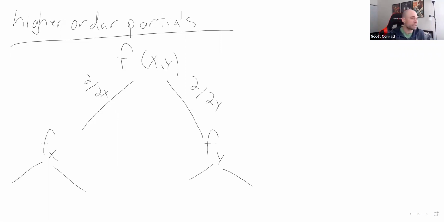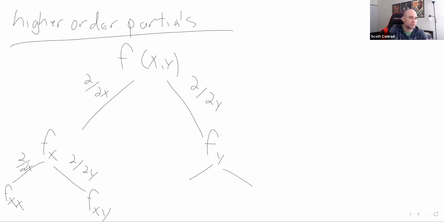So now if we take the partial with respect to x first, and then we take the partial with respect to x again, then that gives us f sub x x. So that's one second order partial. Or we can take the partial with respect to x and then take the partial with respect to y. So that gives us f sub x y.